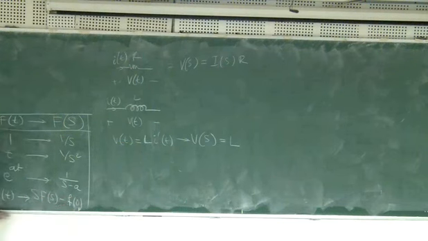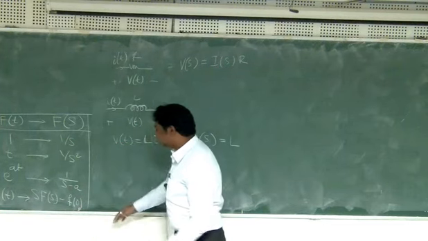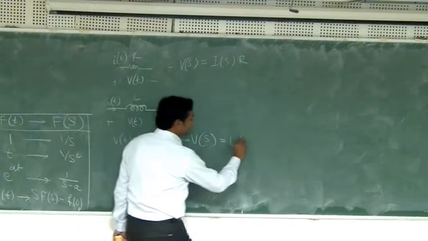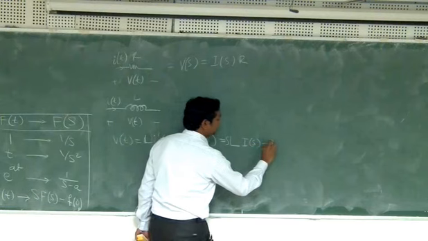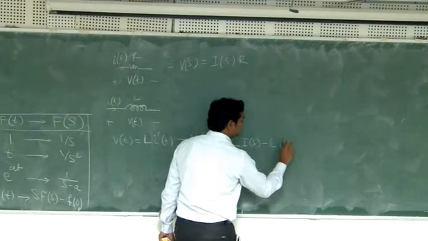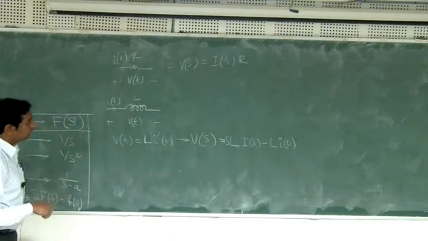So this was what we saw last time. I don't want to repeat it, so the same thing I'll use here. So I'll get L into s L into I of s minus, the L will also multiply, L into I of 0, the initial current and all.